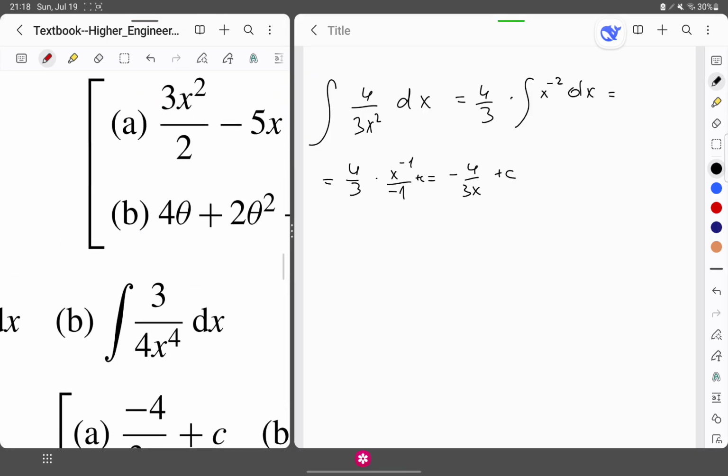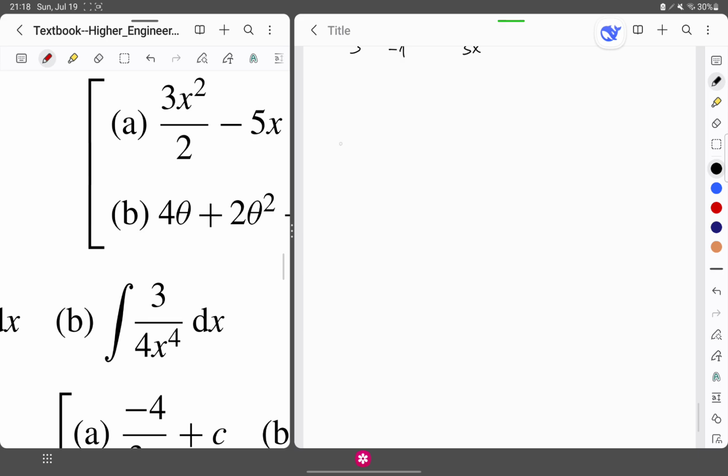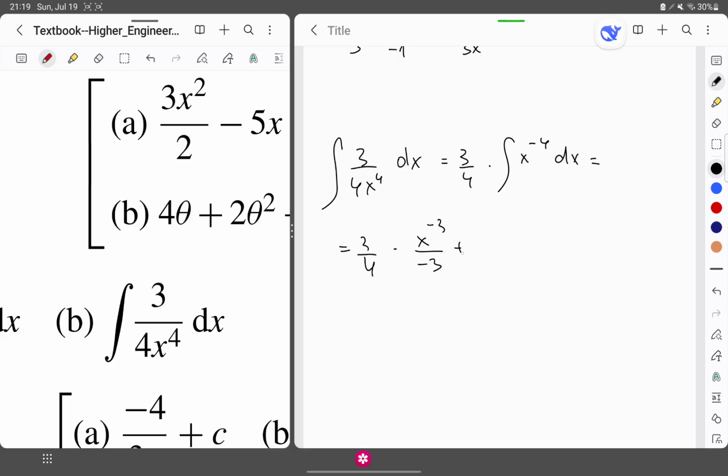What about the other one? 3 over 4 x to the power of this one. It will be 3 over 4 times the integral of x to the power of negative 4 dx. It will be 3 over 4 times x to the power of negative 3 over negative 3 plus c.